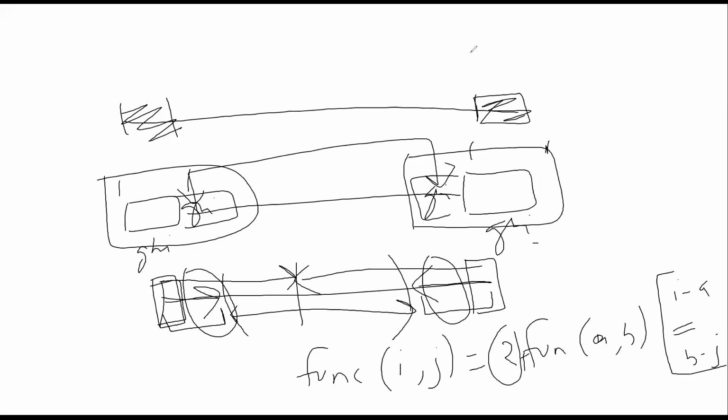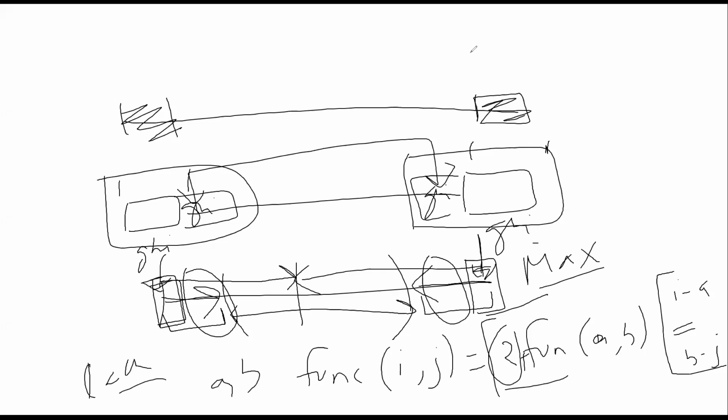The two comes from the numbers which are created when I'm considering here and here. And I can use a max function over all the numbers. For a faster approach, we can cache the results from A to B, whatever is the i to j, so that we don't have to calculate the same thing again and again.